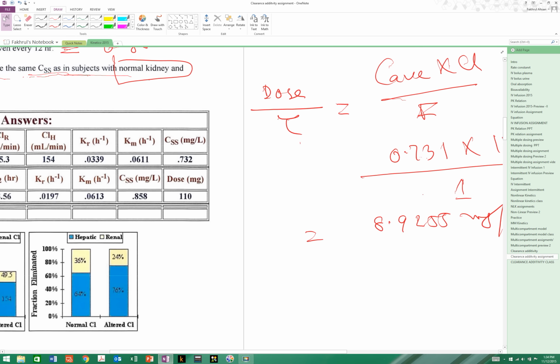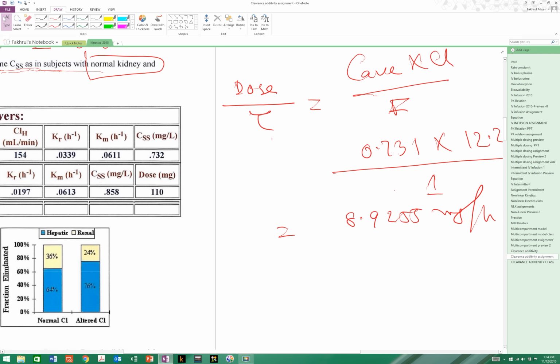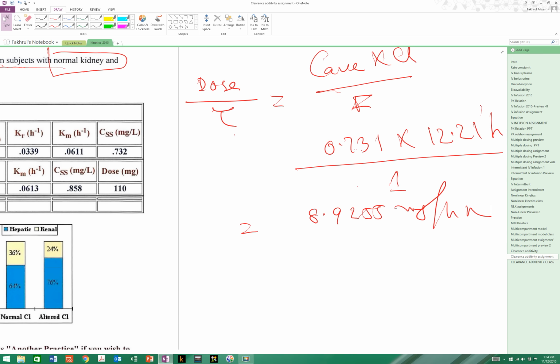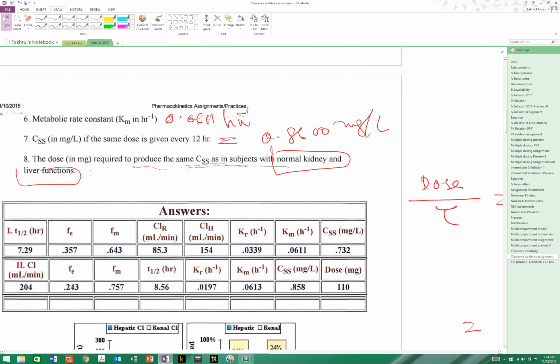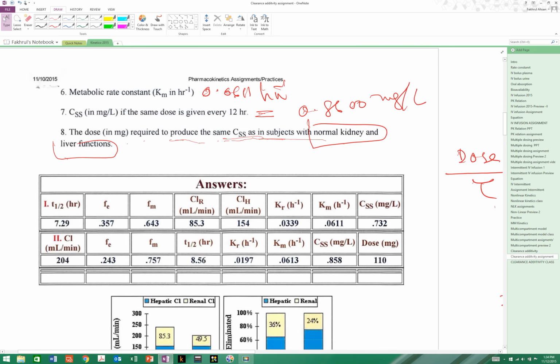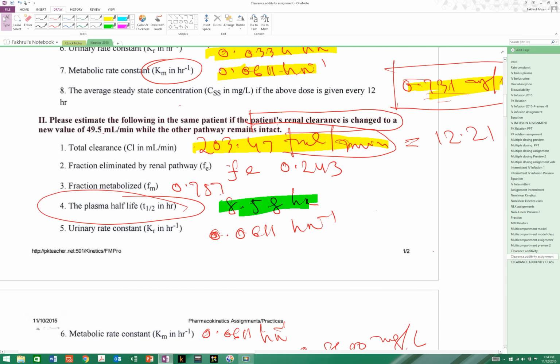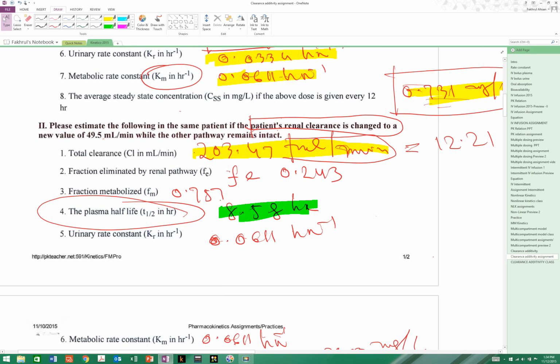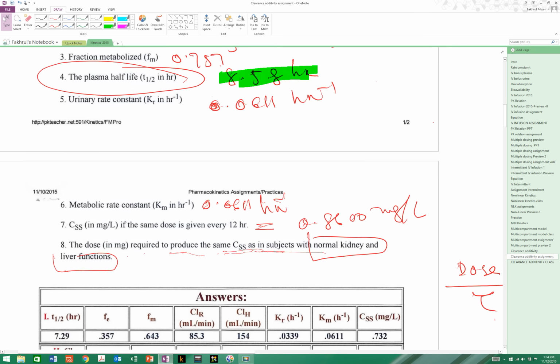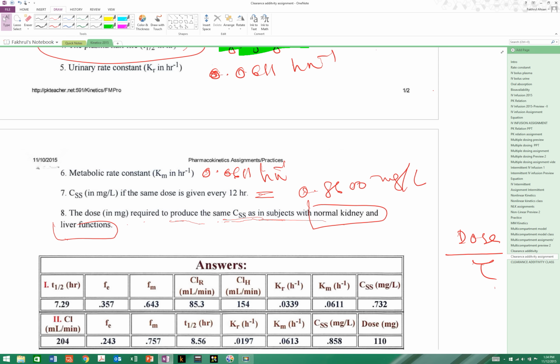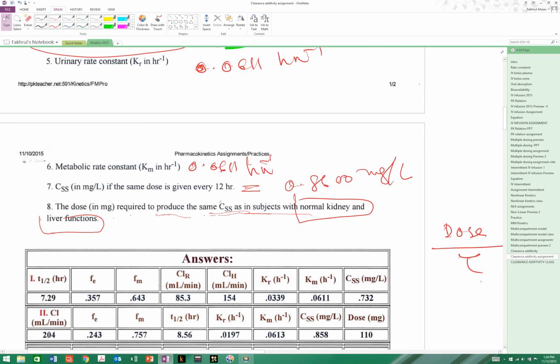The dosing frequency, I think, has been mentioned. Yes, the dose is given every 12 hours.